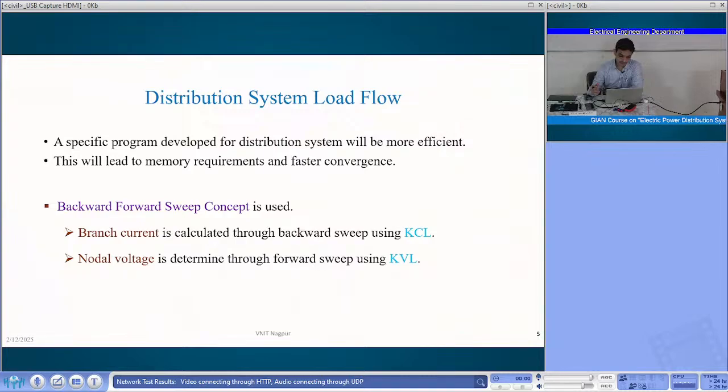Initially we calculate the branch current on each branch based on Kirchhoff's current law, and after calculating the current across all of the branches, we calculate the node voltage at all of the nodes. As we start from the backward side, this method is known as backward, and thereafter we calculate the voltage at each node, therefore it's known as the forward method. I will discuss it in detail.